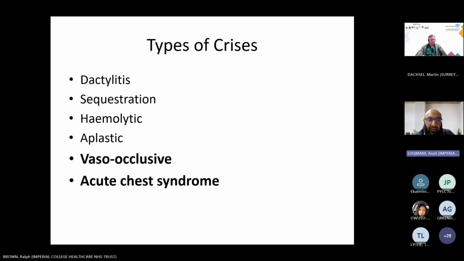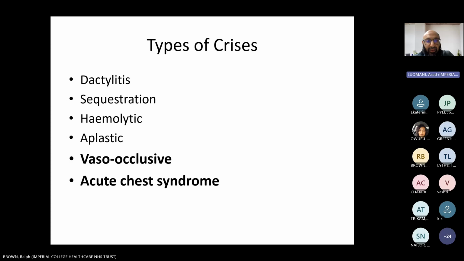And then the vaso-occlusive or pain crisis and acute chest syndrome, which are the ones that we're going to be focusing on predominantly in this talk, because they're the most common acute presentations that we tend to see in sickle cell patients, and acute chest syndrome is associated with significant mortality if it's not recognized and managed appropriately.